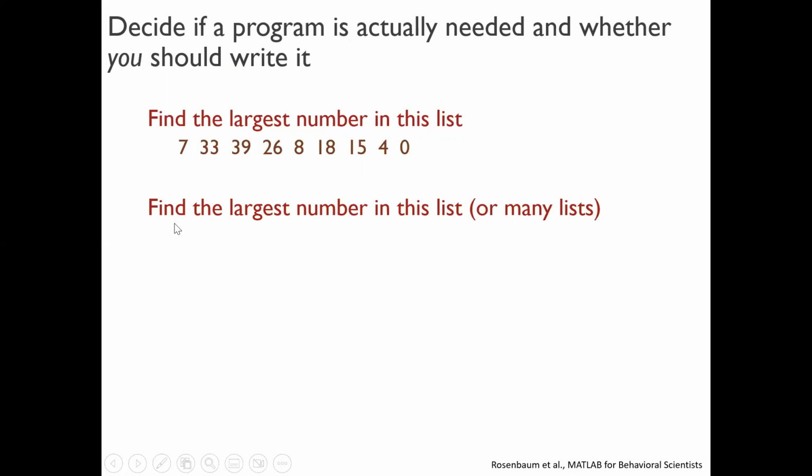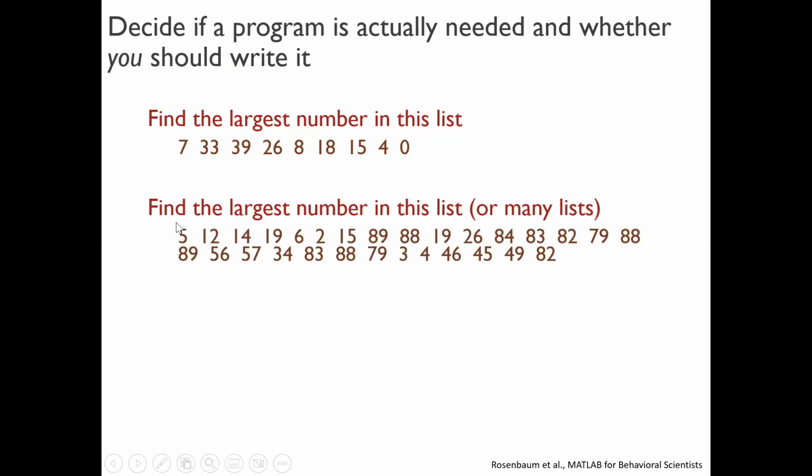But imagine now that you're trying to find the largest number in this list. Okay? So now the list is much larger, or maybe you have many lists like this. And in this case, you might not want to go and scan through manually to find the largest number because you may be wrong. There may be sort of human error in that process.